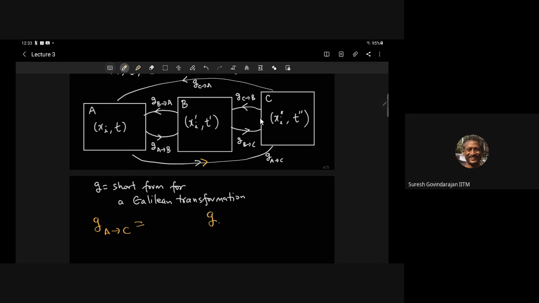So first I go from A to B, then I compose it with G from B to C. These two should be the same, right? It shouldn't matter, no? Is this clear, what I've written? Also I can do this: I can go G A to B and then come back. So I'll also have something like this.